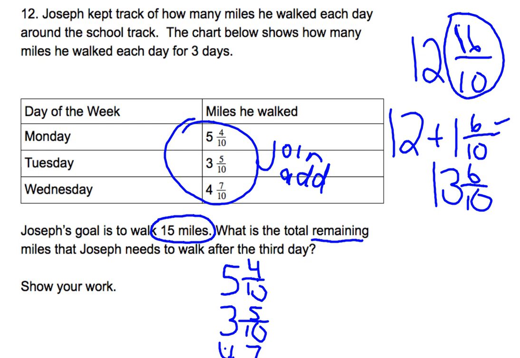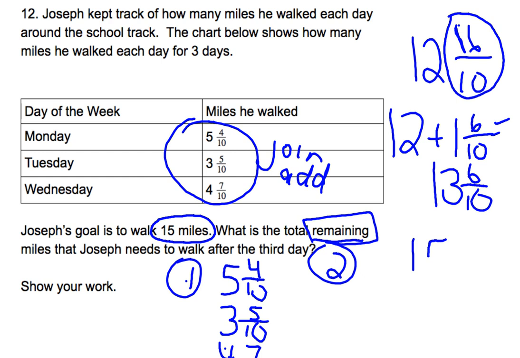So obviously, when they're saying total remaining, it is what he has left over to still walk to meet that goal of 15. So my step 2, okay, would be to subtract 13 and 6 tenths from my 15.